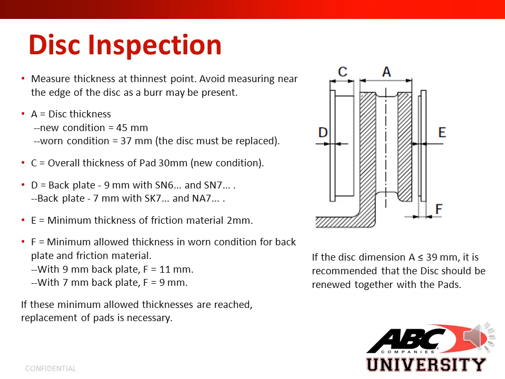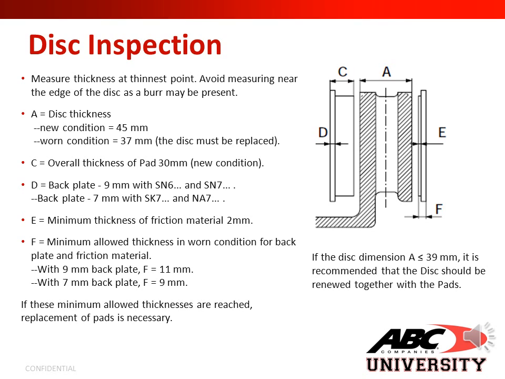C equals overall thickness of pad, 30 millimeters, new condition. D equals backplate, 9 millimeters with an SN6 and SN7 brake pad. Backplate for an SK7 and NA7 would be 7 millimeters. E equals minimum thickness of friction material, 2 millimeters.